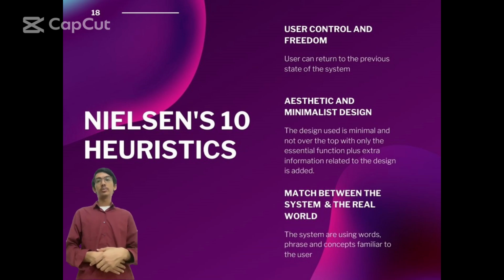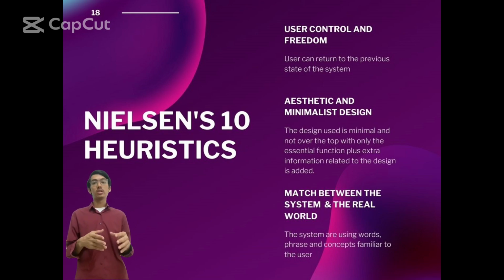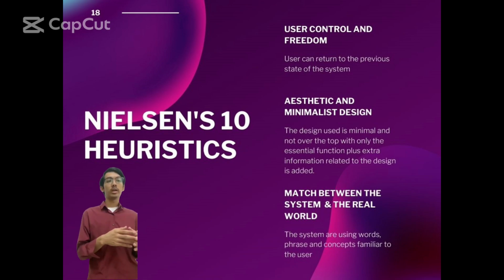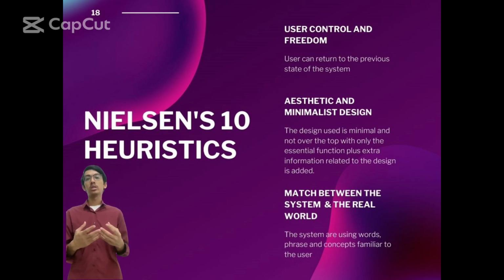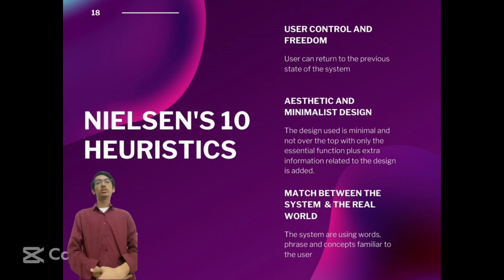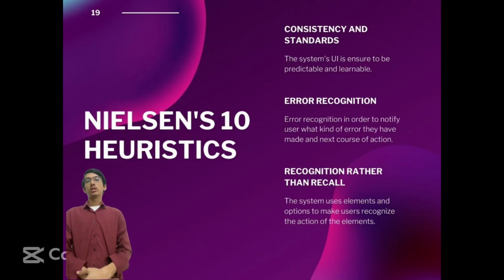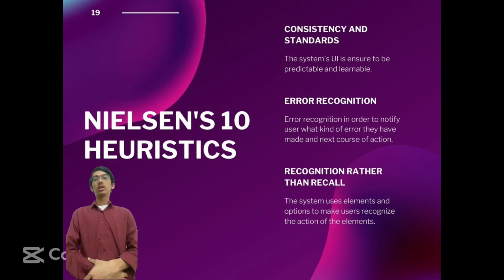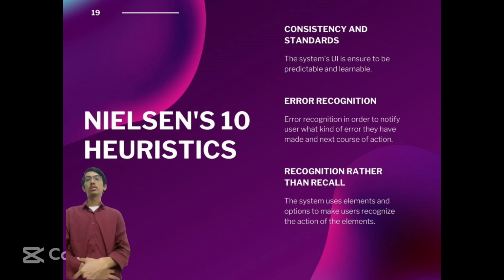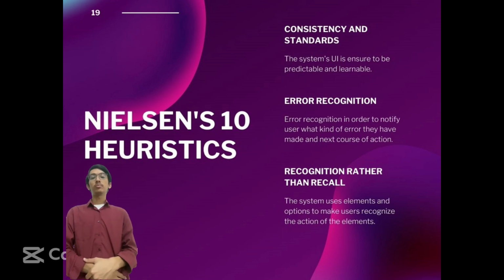The third one is the match between the system and the real world. The language and words we use are very familiar to most users. Then consistency and standards. The system UI is ensured to be readable and learnable.